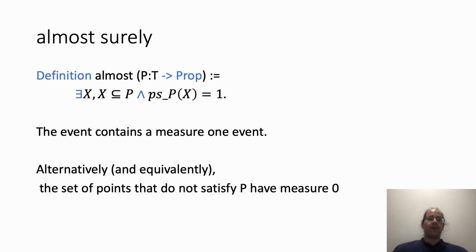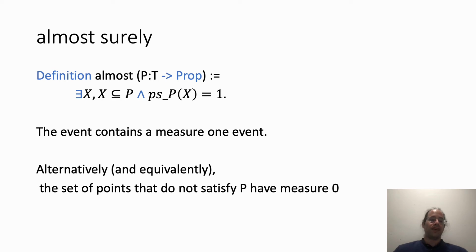Given these notions, we can now define a fundamental concept, that of almost surely predicates. So we say that with respect to a given probability space, a predicate P almost surely holds. What we want to say is that it almost surely holds if its probability is 1. We can't quite say that, though, because we want to use this for any set or pre-event, and not all of them are measurable.